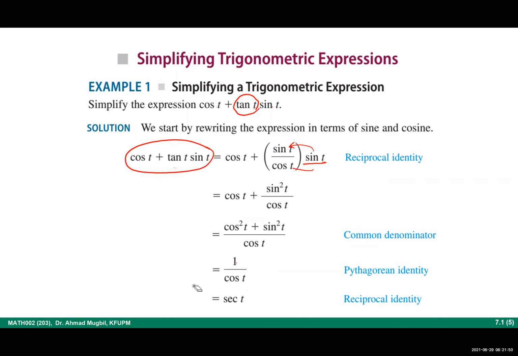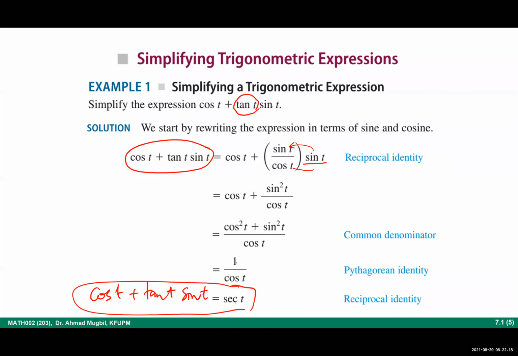So this is an identity. This is true for all the possible values of t. Here, because we have tangent, we cannot have the denominator equal to 0, so it is for all t in the domain of these functions. Good. So we have now cosine t plus tan t sine t equals secant t. We simplified this as much as we can, and this is so easy and so simple.